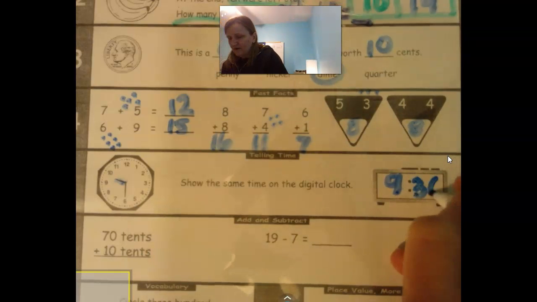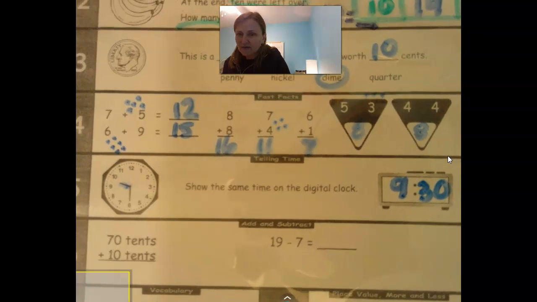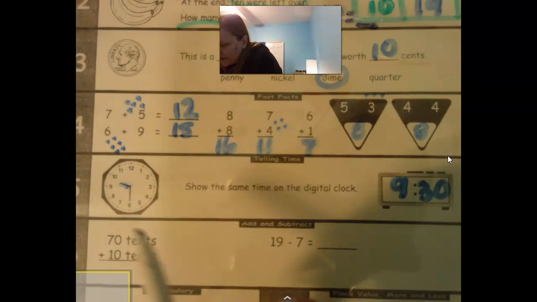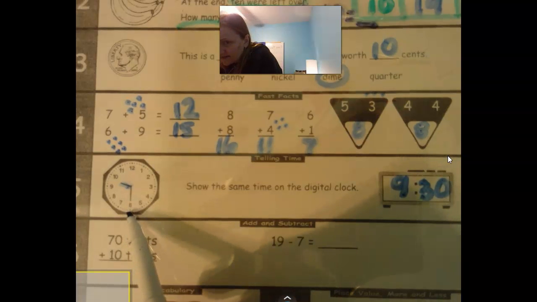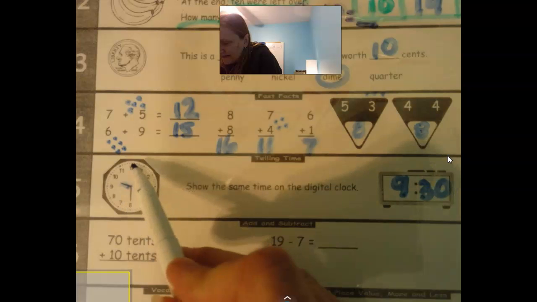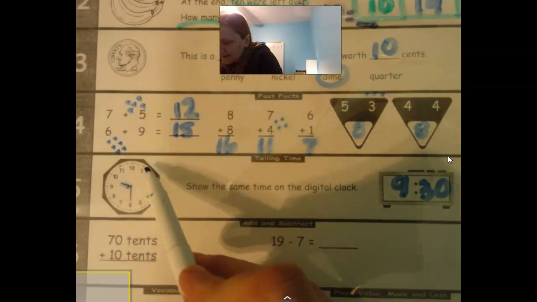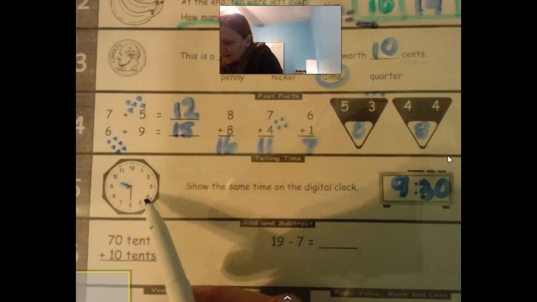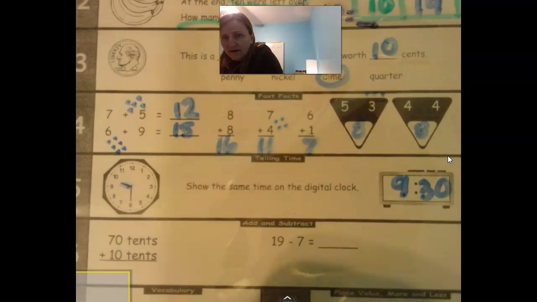If you take a really close look at your little clocks that I sent home from your manipulatives bin, you'll notice on your clock, if you look right underneath the 6, there's a very small 30 written on there. And if you want, you could start at the 12 and count how many little itty bitty dots are between that spot and this spot, and you're going to count 30.